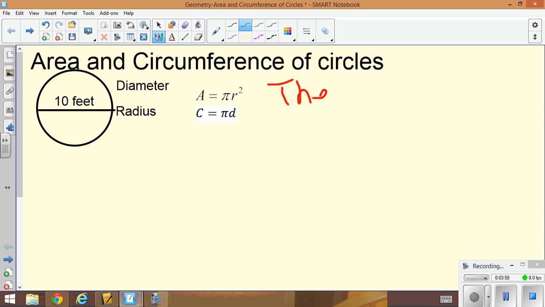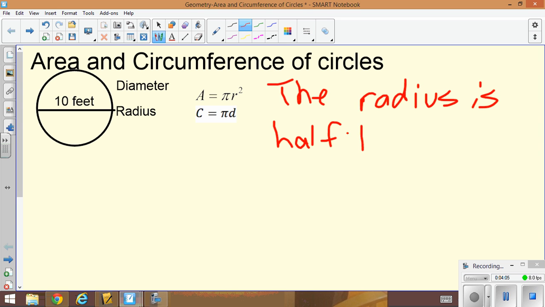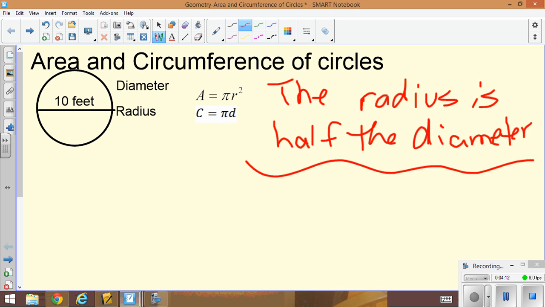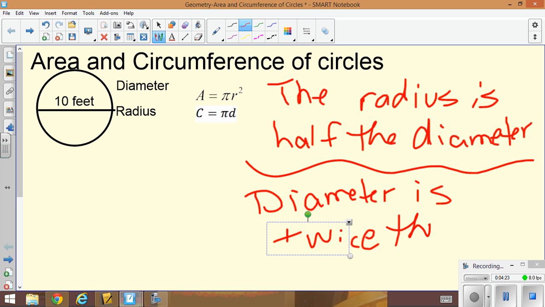The radius is half the diameter. You could also look at it this way: the diameter is twice the radius. So you can look at it one way or the other.